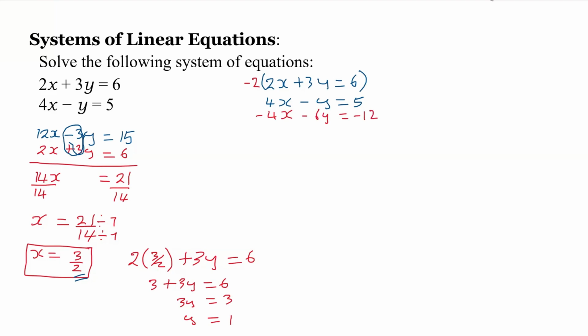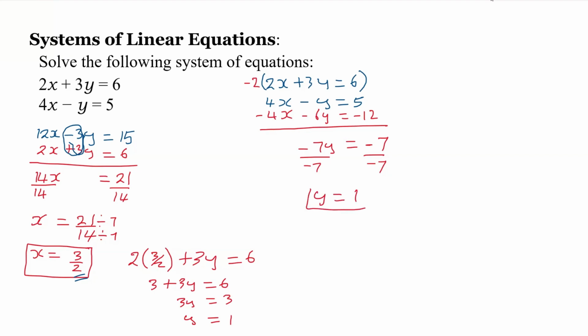So now what we can do is add these together and the x gets eliminated. It gives you 7y equal, when you add the 5 and the -12 together, you get -7. So you divide by -7, and then you get y equals 1.